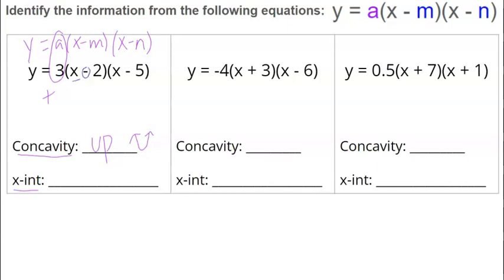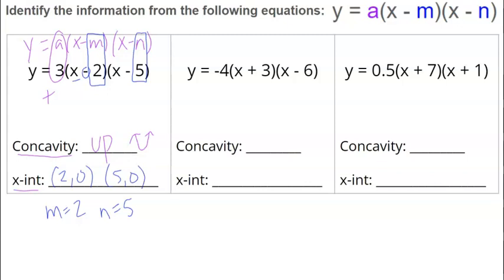We have an x, we have a minus sign, so we can just take that 2 value. So one of my x-intercepts would be 2, so m equals 2. And then one of my x-intercepts will be 5, because again, it all lines up. Since it's an x-intercept, it's a graphical feature, so we need to write that as a coordinate point. We'd have (2, 0) as one of them, and (5, 0) as the other one.